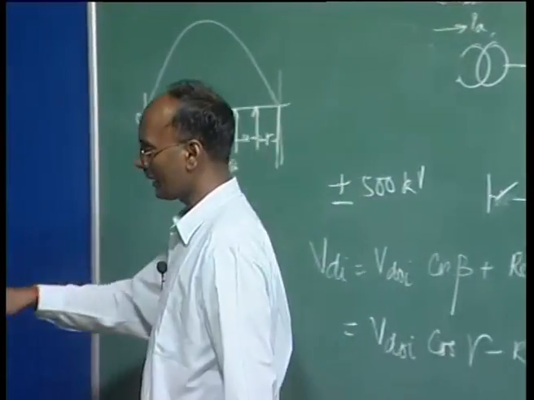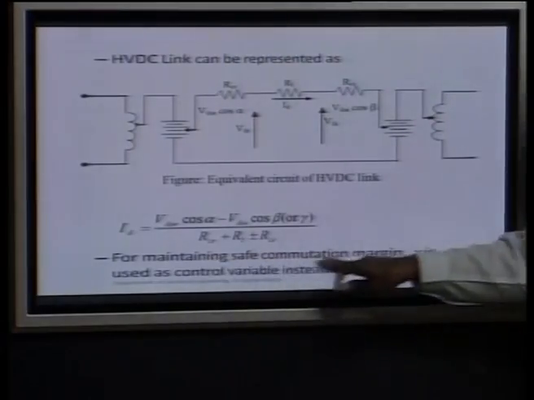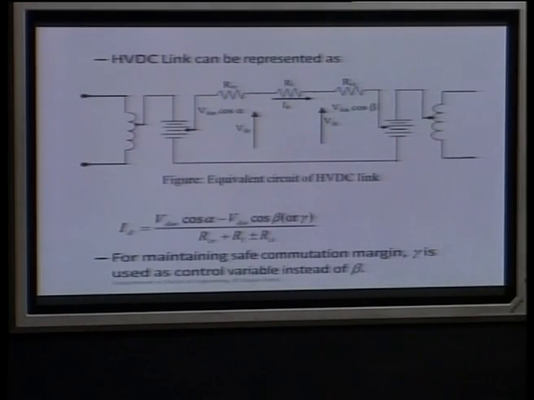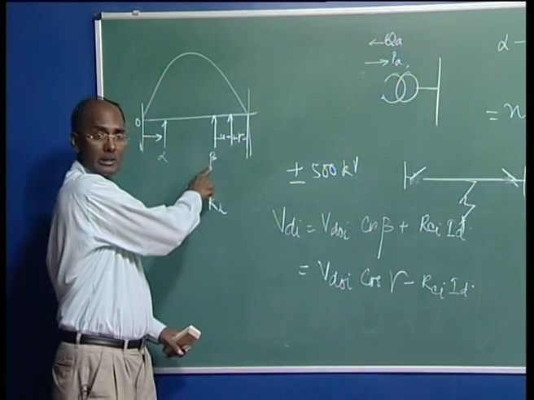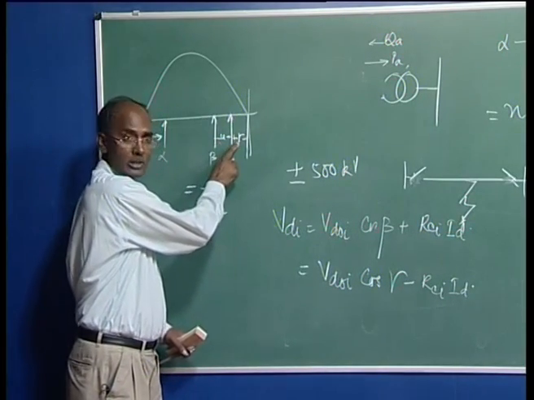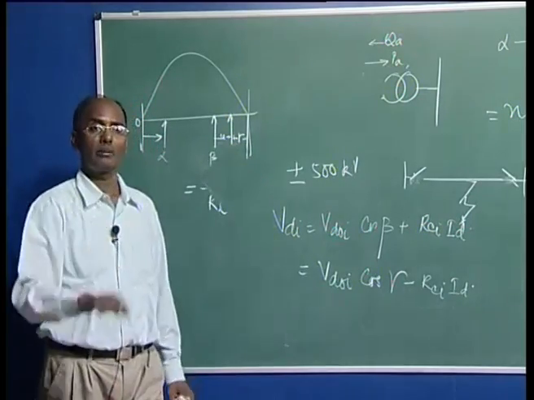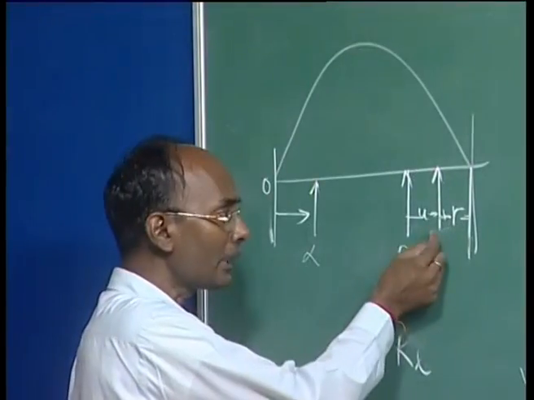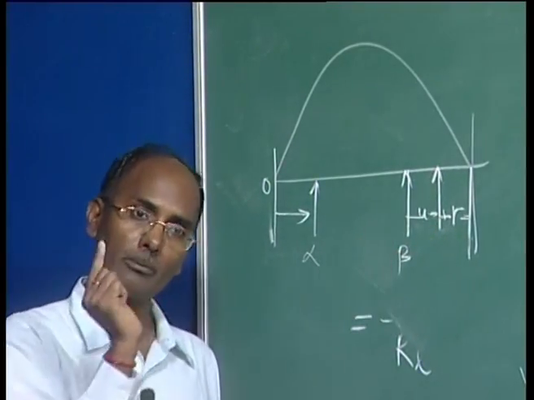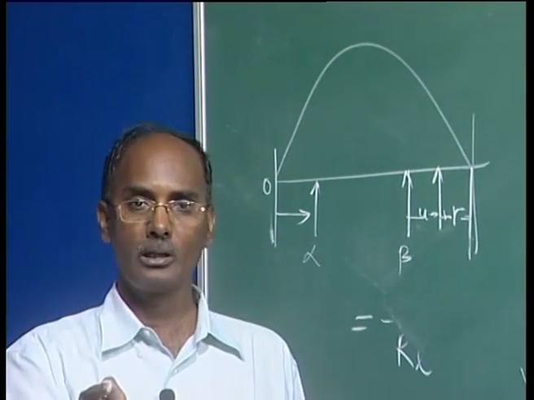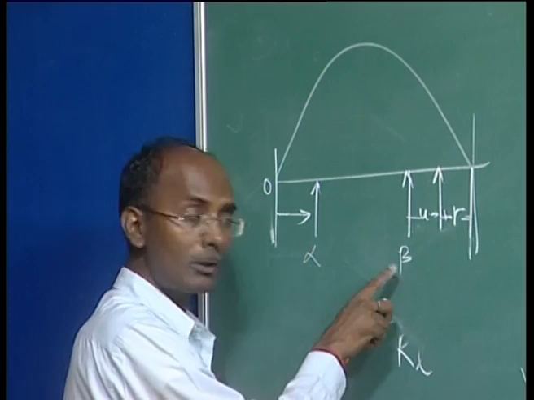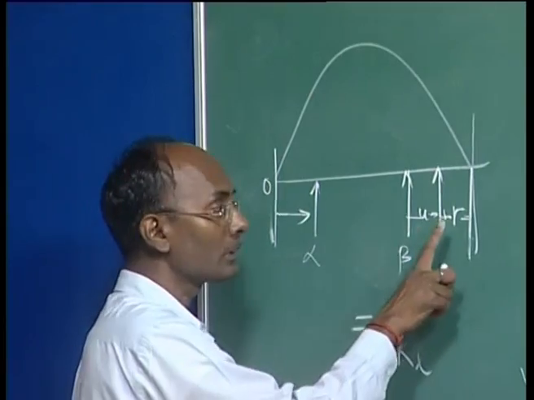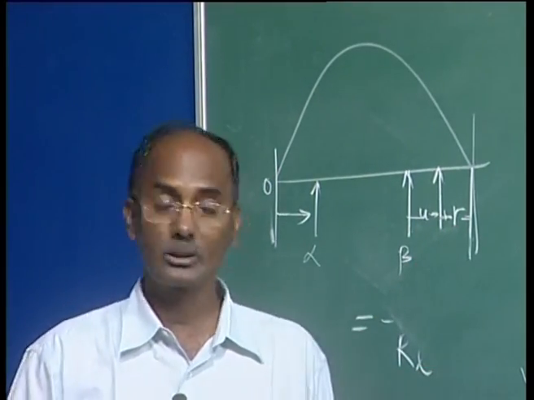That is why here it is written that for maintaining the safe commutation margin, gamma is used as a control variable instead of beta, because once you are using beta, there is a possibility that it will change and you cannot maintain the gamma at that time and you may face commutation failure. But if you are maintaining gamma, based on that you can compute what will be your firing angle, because you have to give the firing pulse to your valves. We will see how this gamma control is done and how beta is calculated.